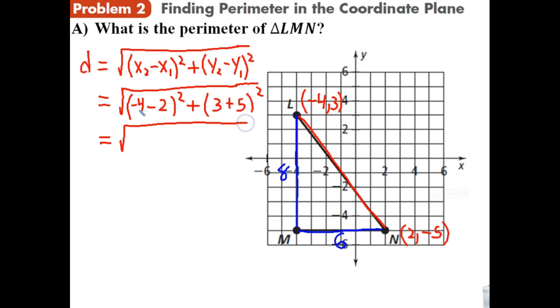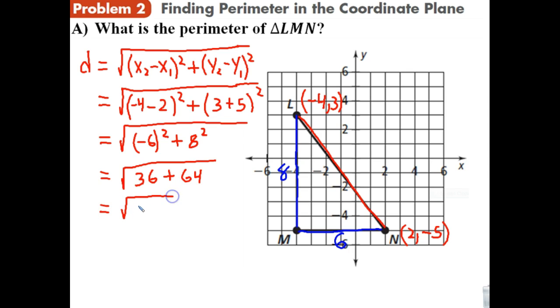That'll be the square root of negative 6 squared plus 3 plus 5 is 8 squared, which will be negative 6 squared is 36. Remember, when you square a positive or a negative, you get a positive number out, plus 8 squared is 64, which is equal to the square root of 100, which I know is just 10. So after all that, we know the third side is 10 units long.